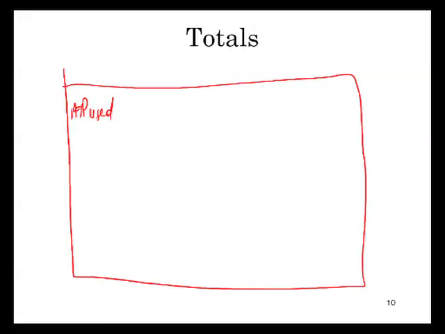So we know that we use ATP. We know that we produce ATP.